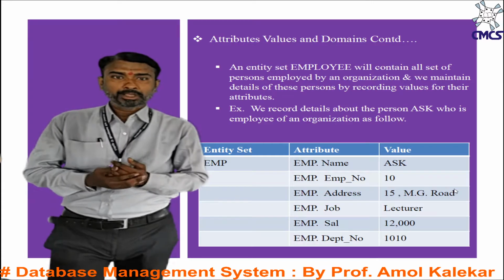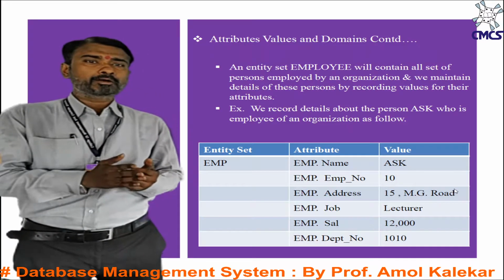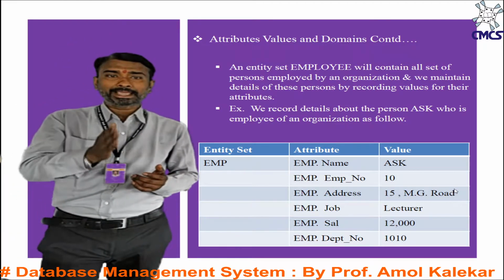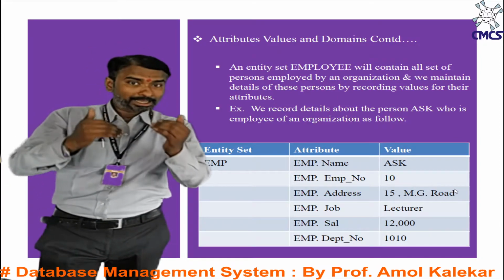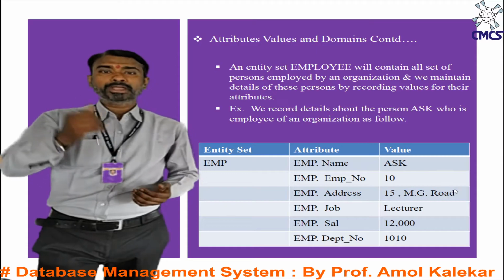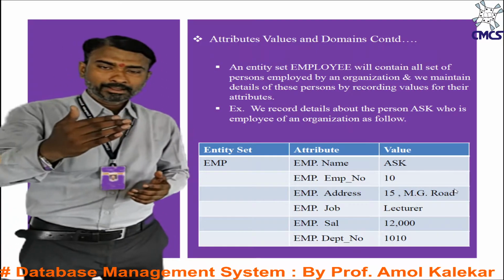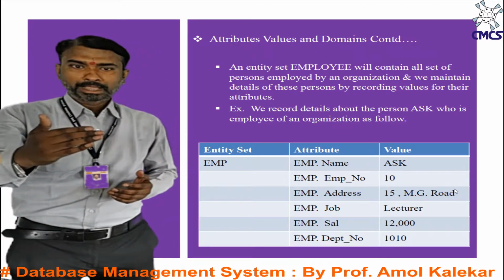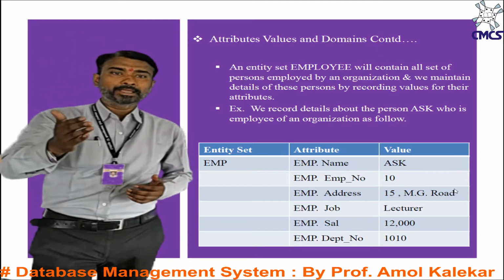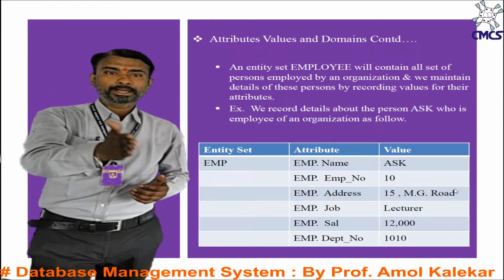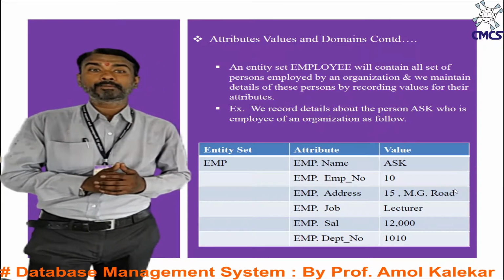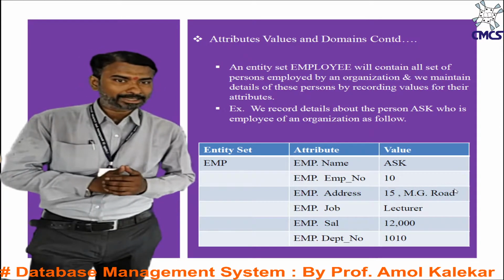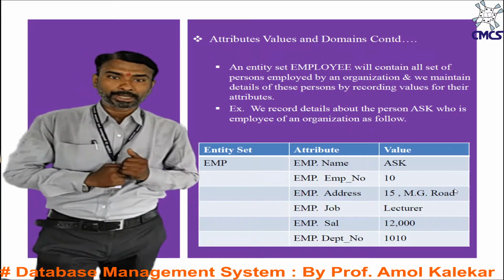For example, we are trying to record details about the person ASK who is an employee of an organization, like the figure given below. Now we have the entity set EMP. Again, the attributes are emp.name, emp.employee number, emp.address, emp.job, emp.salary, emp.department number.